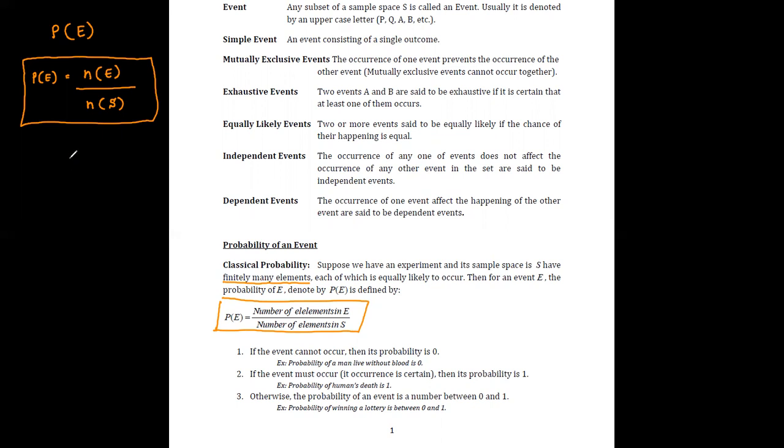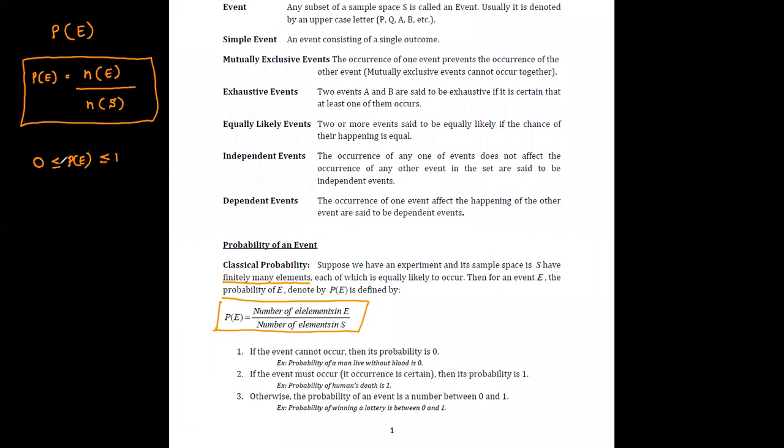I will use the same letter E. If you are considering the probability of a given event E, then this should definitely lie between 0 and 1, inclusive.